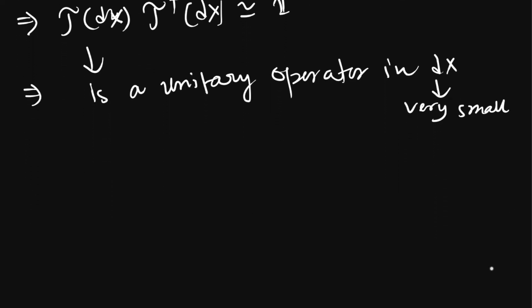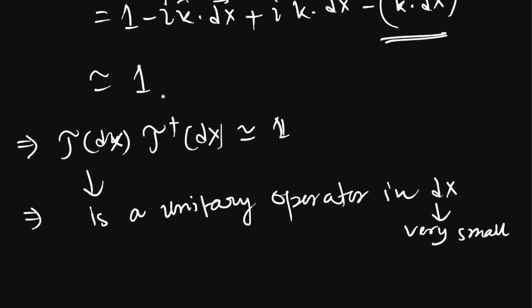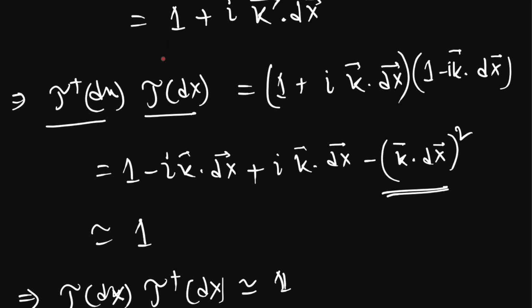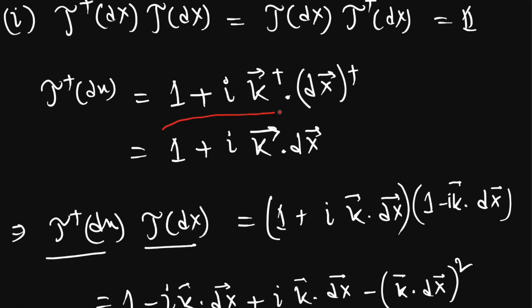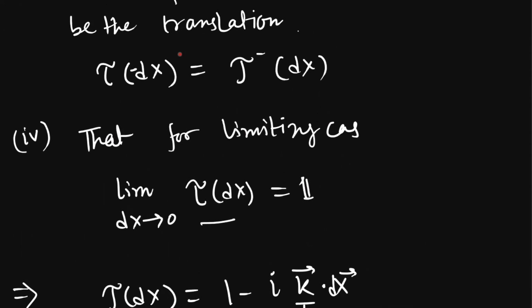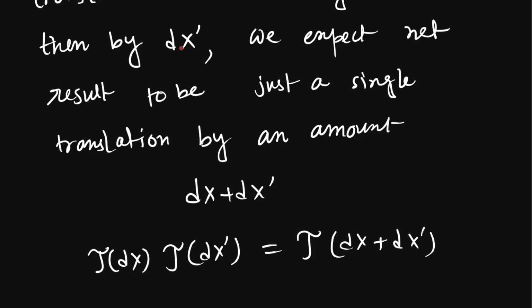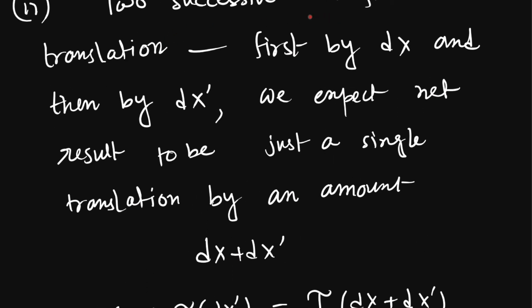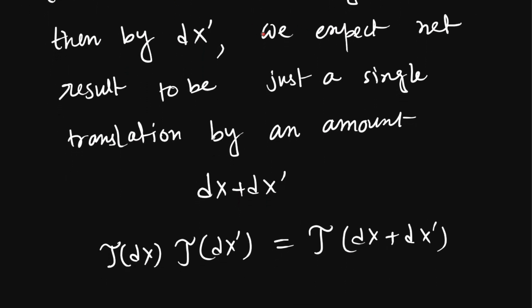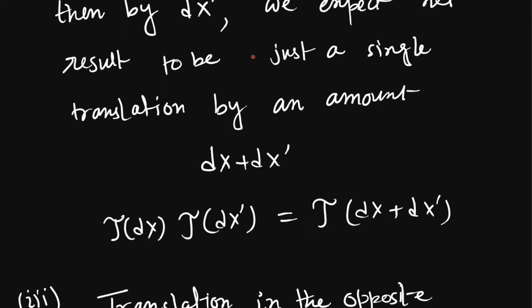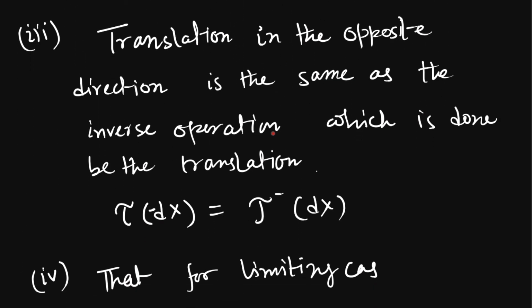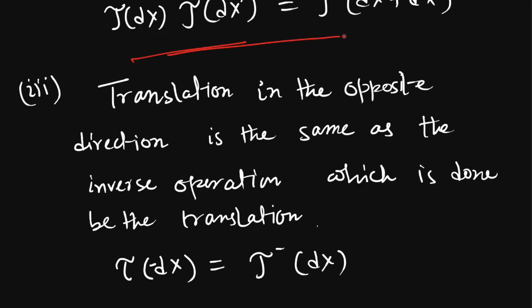Now let us check that this form of the translation operator follows the second property, which is that two successive infinitesimal translations, first by dx and second by dx prime, add up.